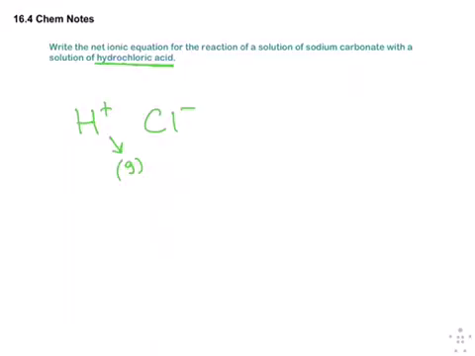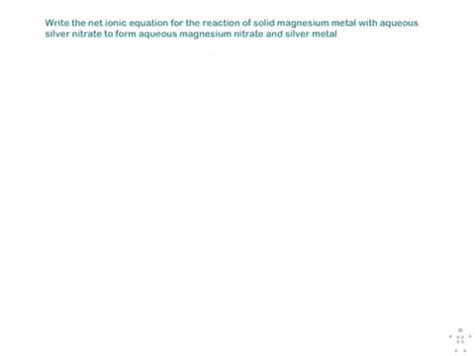So just watch for that, okay? All right. Write the net ionic equation for the reaction of solid magnesium metal with aqueous silver nitrate to form aqueous magnesium nitrate and silver metal. So if it's telling you it's a metal, it's going to be a solid. Okay?